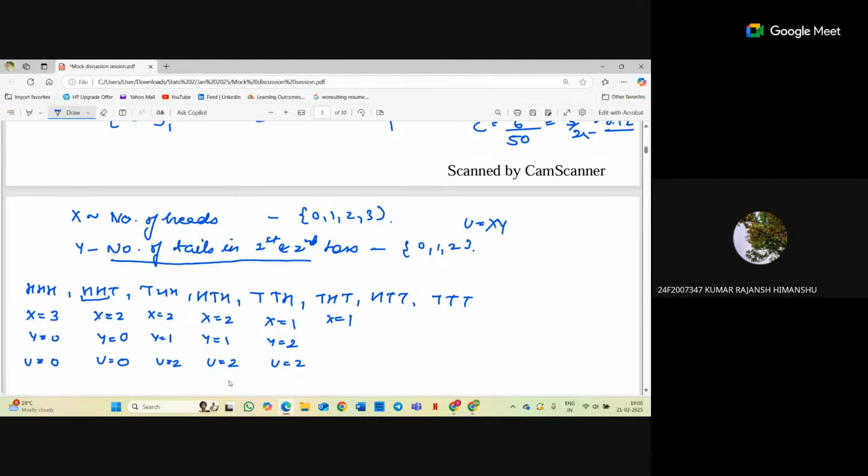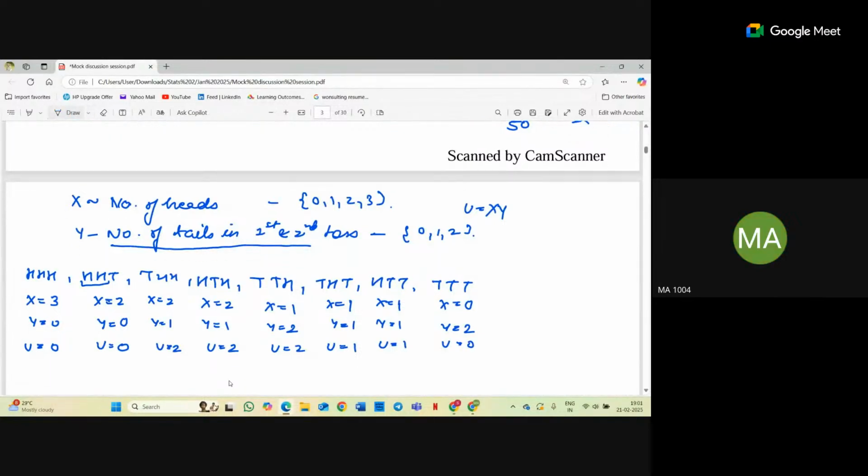Then x is 1, y is 1, u is 1. Again the same, 1, 1 and u is 1. Then 0, 0, 2, 0, 0. So what are the different values that u is taking?